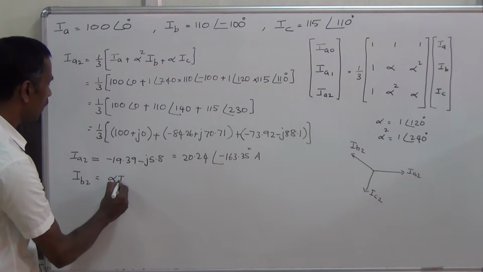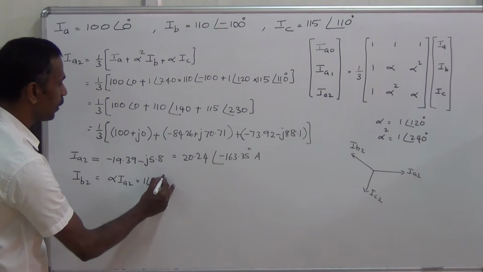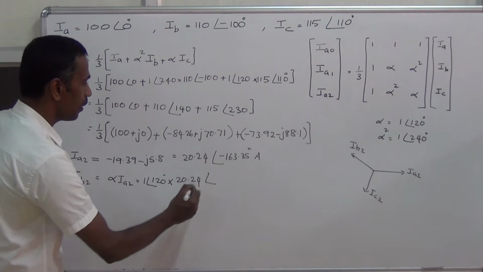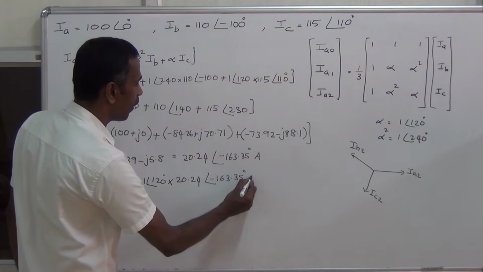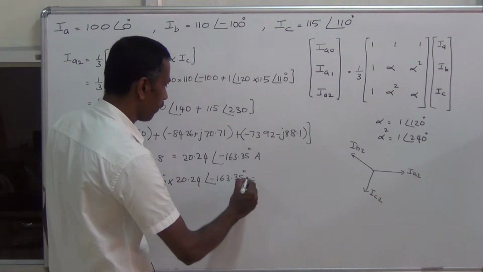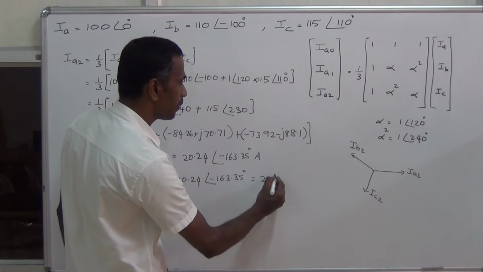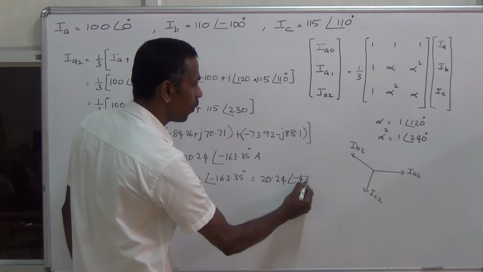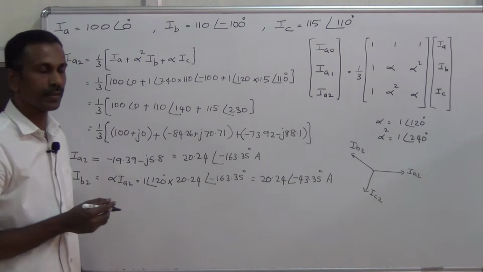It is 1 angle 120 degrees into 20.24 angle minus 163.35 degrees. And this is equal to 20.24 angle minus 43.35 degrees.